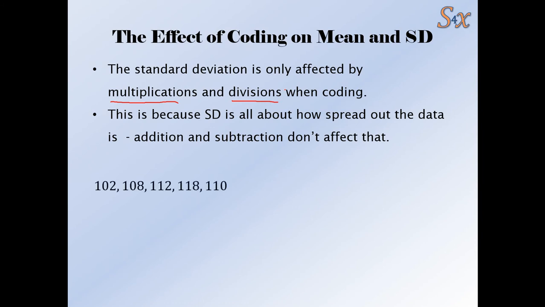So let's have a look at a quick example. You can work it out and have a go, because we know how to calculate the standard deviation now. The standard deviation of those 5 numbers is 5.2. If I code it using the same coding as I did in the previous section where I was doing the mean, we said the standard deviation is not affected by additions or subtractions.